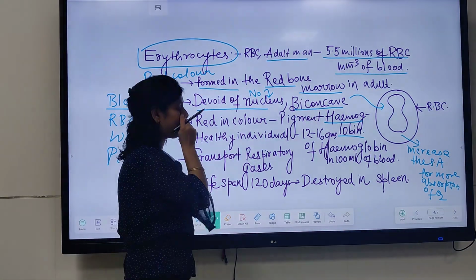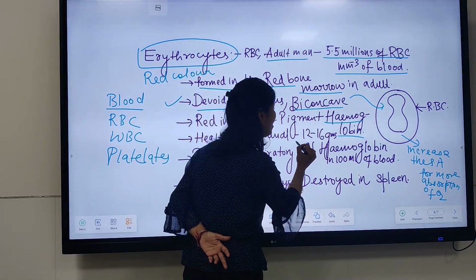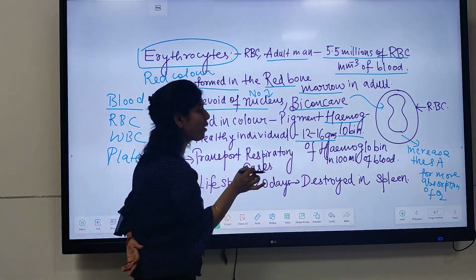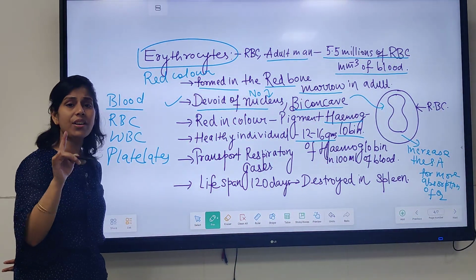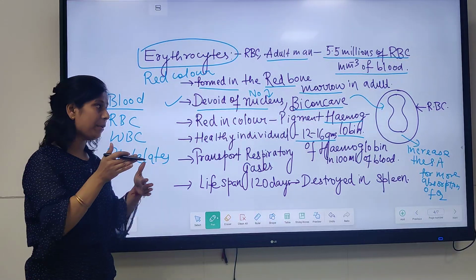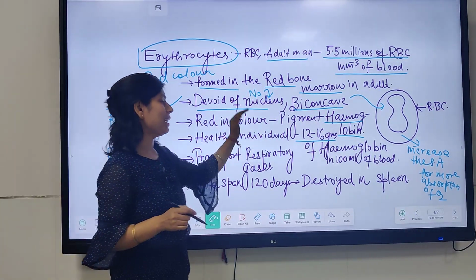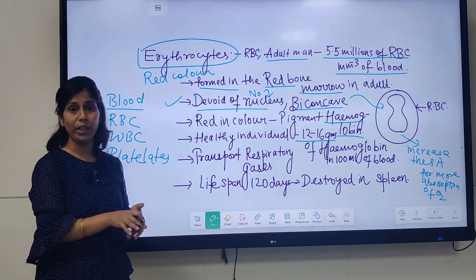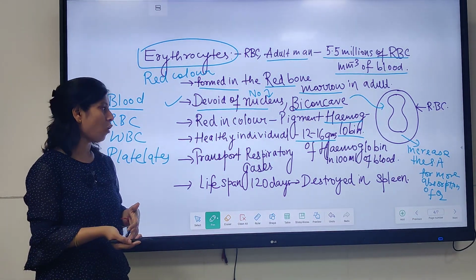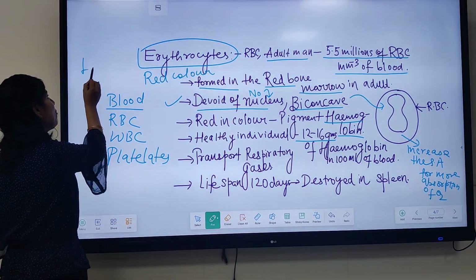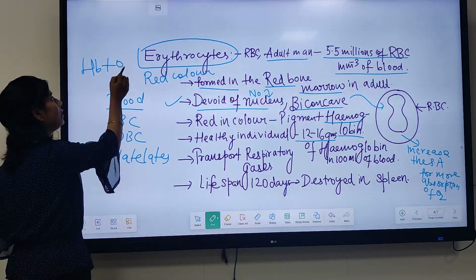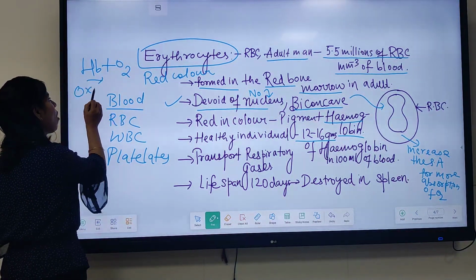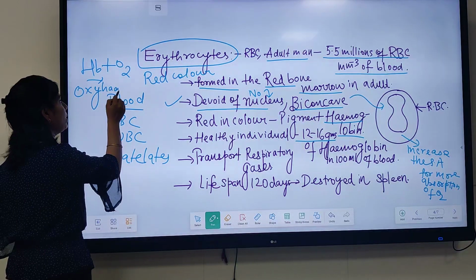In a healthy individual, hemoglobin plays a major role. You need to have on an average 12 to 16 grams of hemoglobin in 100 ml of blood. So in 100 ml of blood, an adult individual should have 12 to 16 grams of hemoglobin for efficient supply of oxygen. Because hemoglobin is going to combine with oxygen to form oxyhemoglobin.